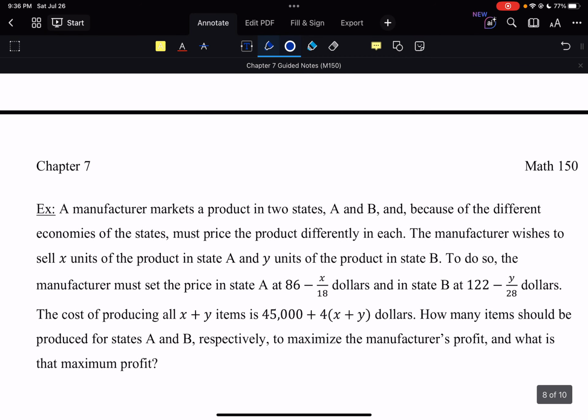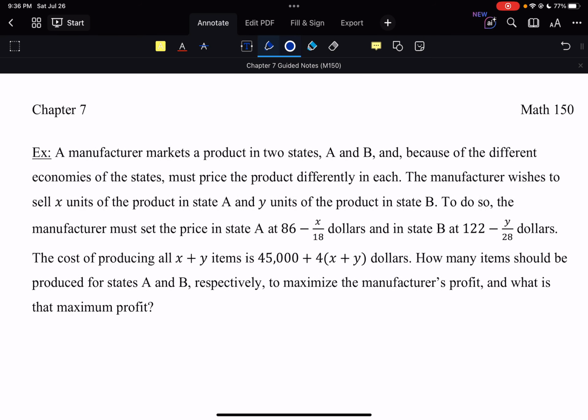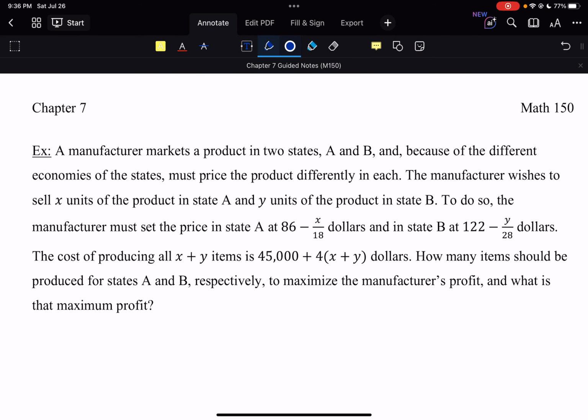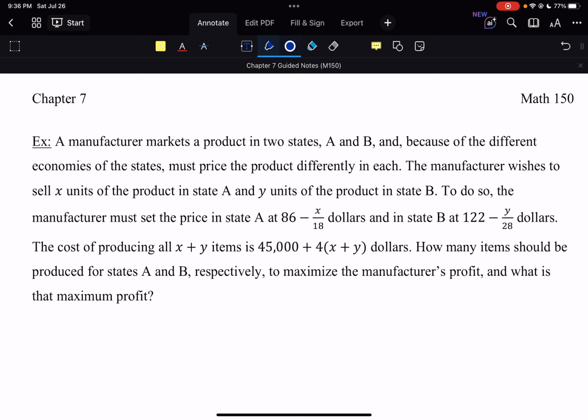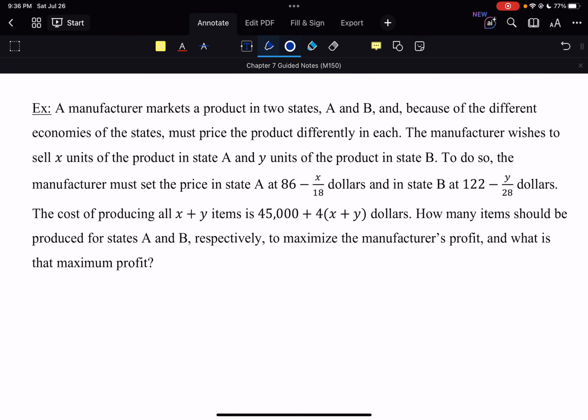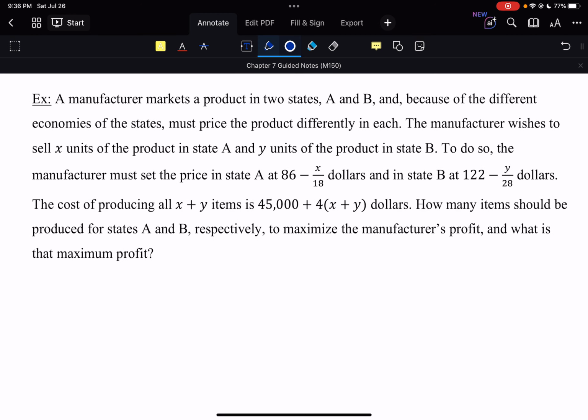We're going to have an example here that is more of a modeling problem, more application-based, but still using the same techniques. A manufacturer markets a product in two states, A and B, and because of the different economies of the states, must price the product differently in each.